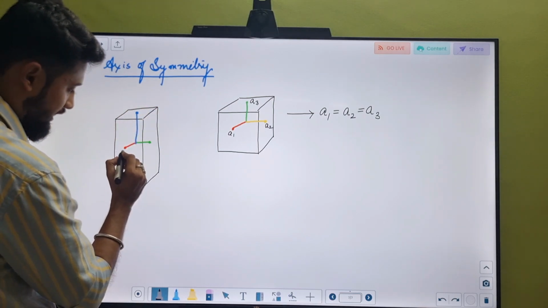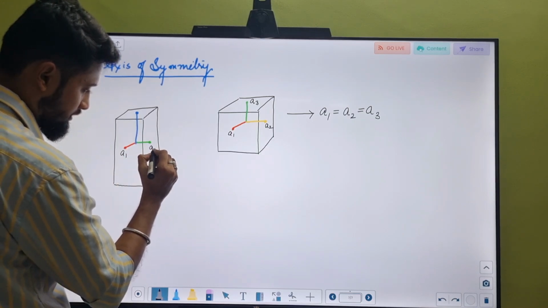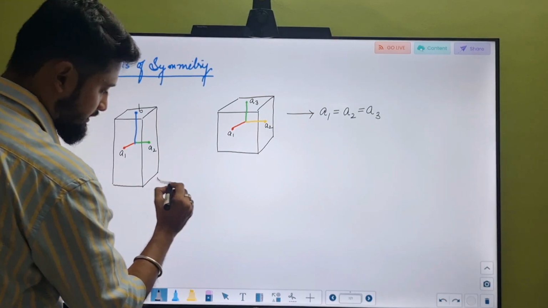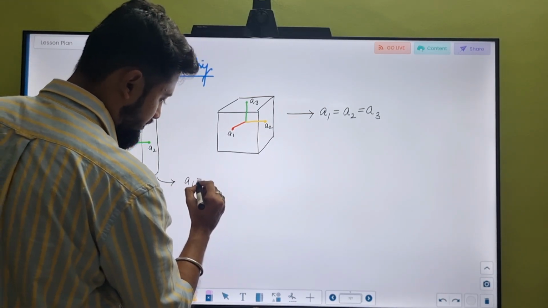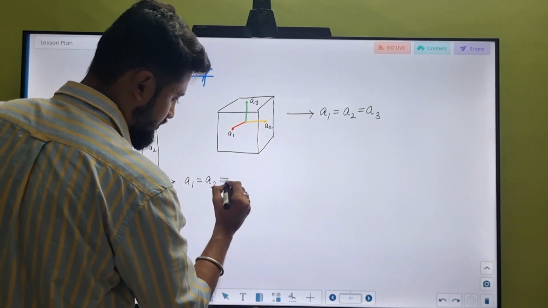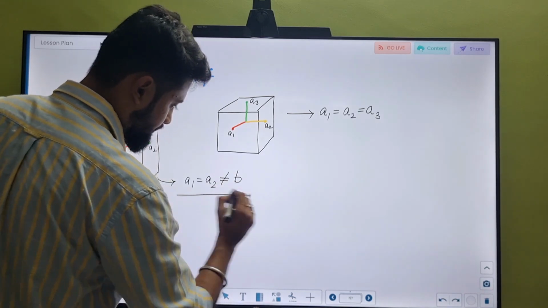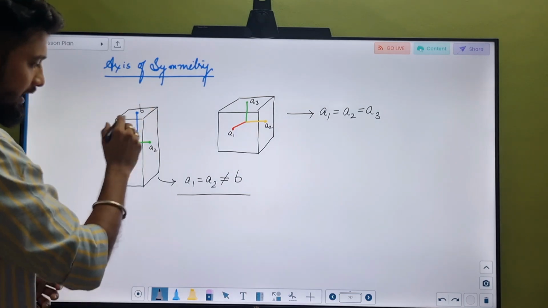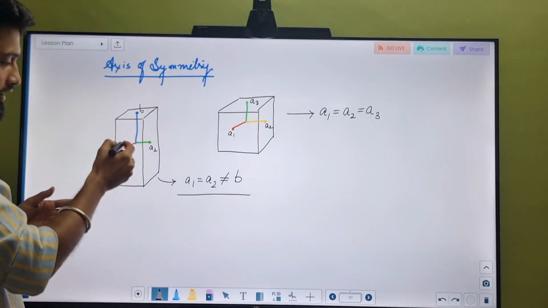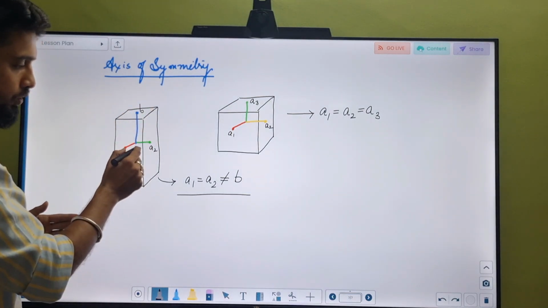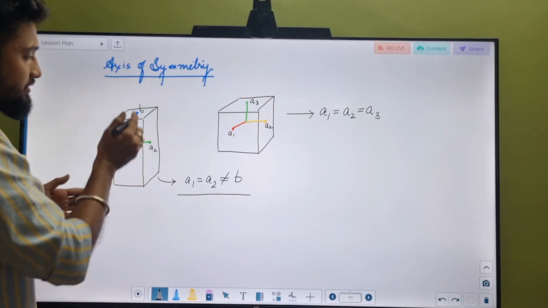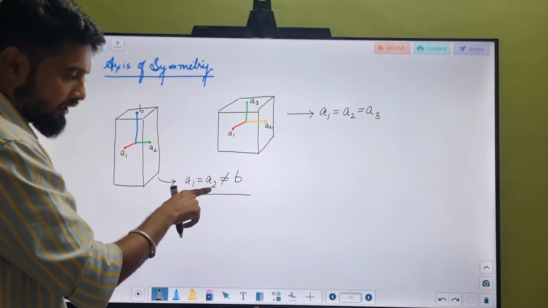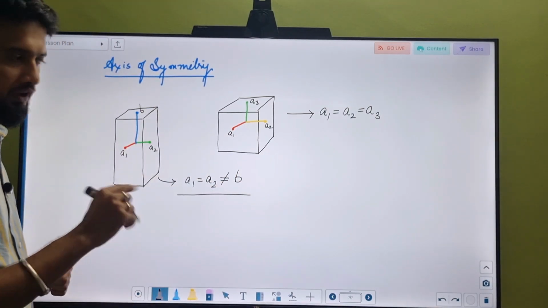So we can name them A1, A2 and B. In this condition A1 equals A2 but is not equal to B, because the axis of B is a bit longer when it cuts the face.